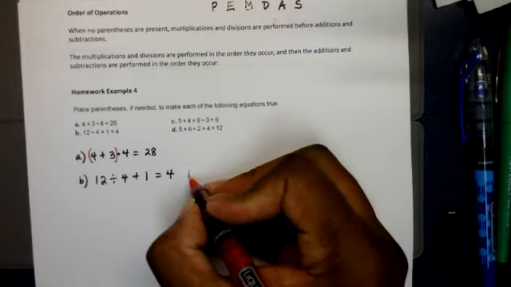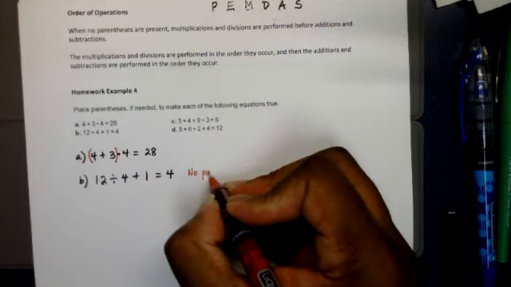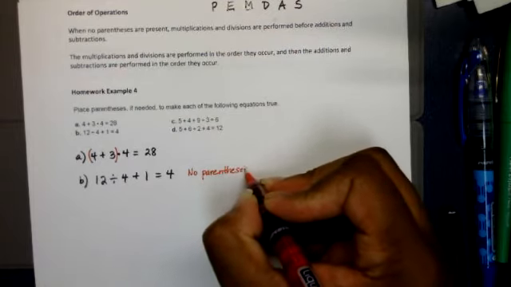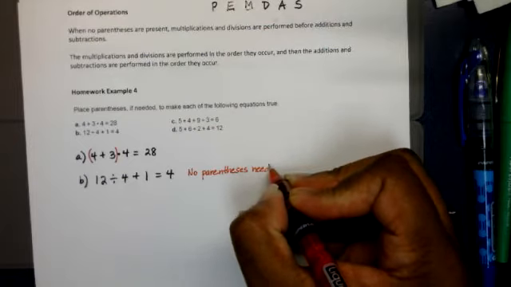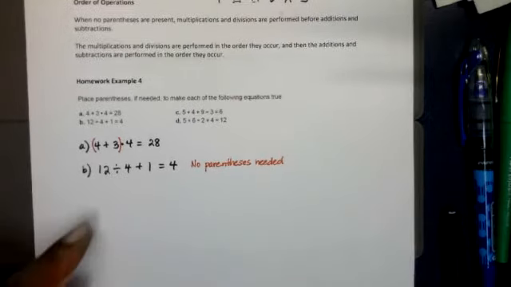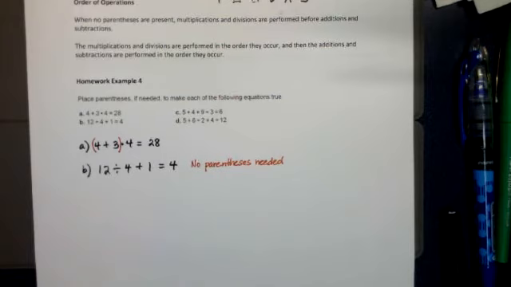So in this case, no parentheses are needed, because order of operations tells me to do the division first and then the addition.